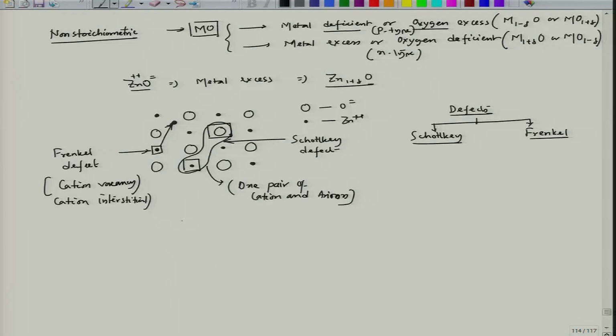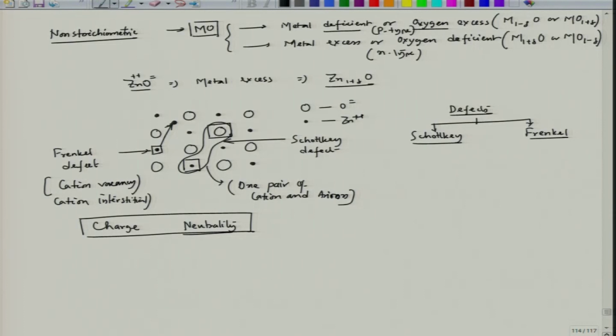And another important aspect in this oxide is that we have to maintain neutrality, and when we talk about neutrality, I am talking about charge neutrality. So, this is to be maintained in the oxide, and accordingly we will have a different situation depending on whether it is metal deficient or metal excess, or oxygen excess or oxygen deficient.